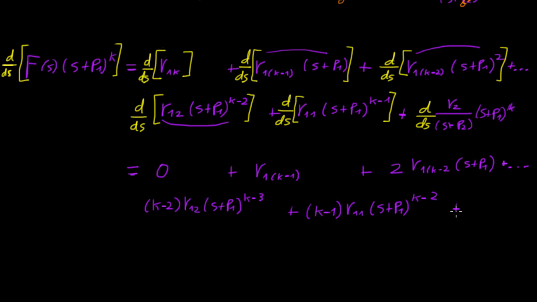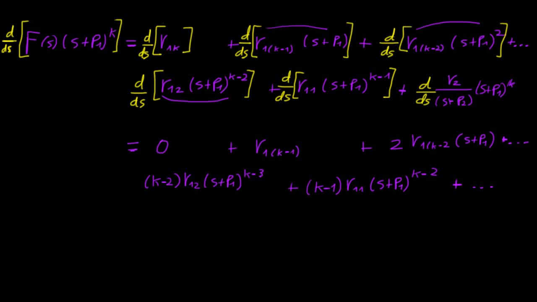And in the rest of the terms we could calculate the derivatives, but we don't really care because we know that when we apply s equal to minus p1, all of them will go to 0. And that's exactly what we're going to do now.